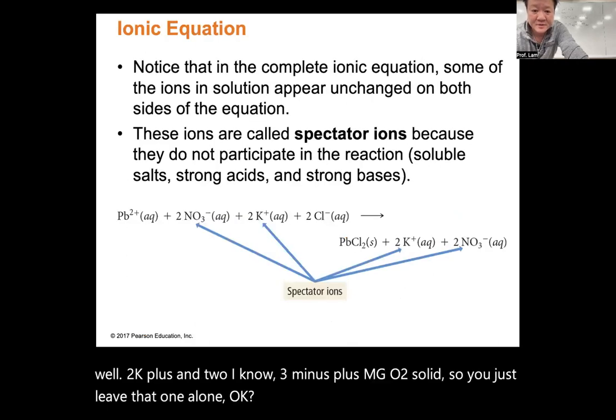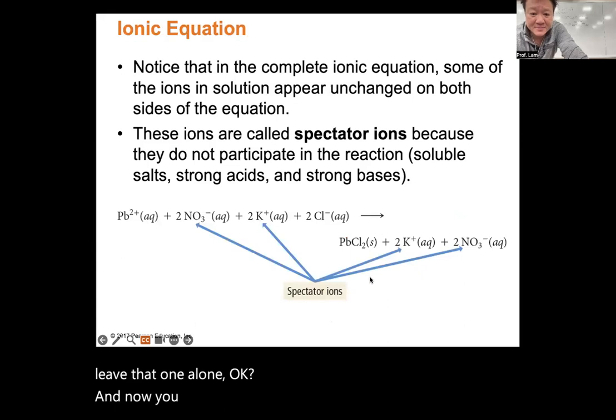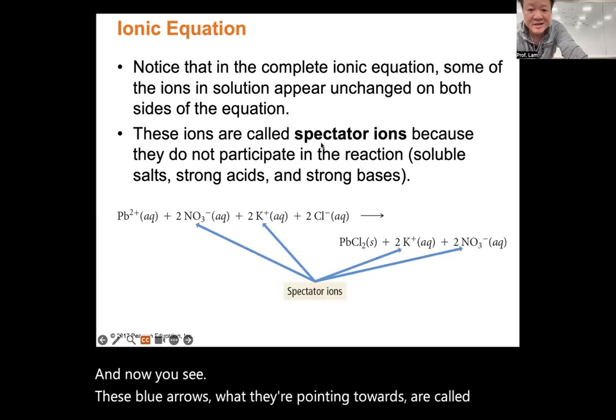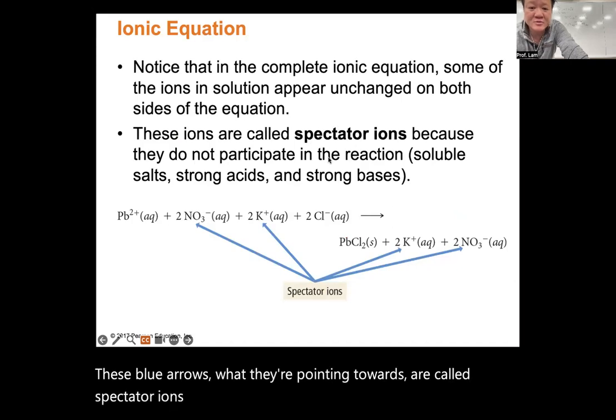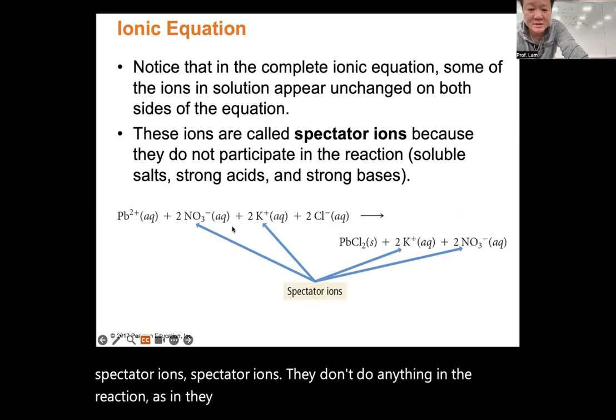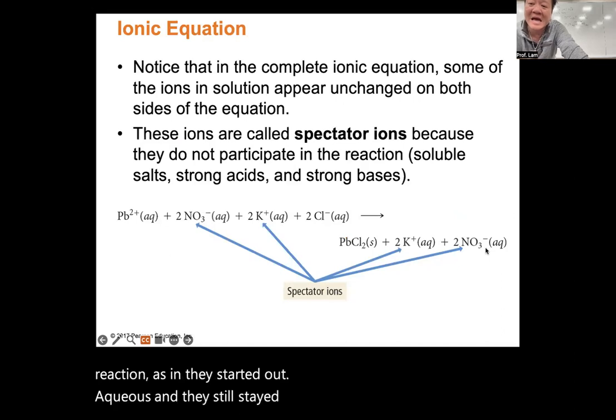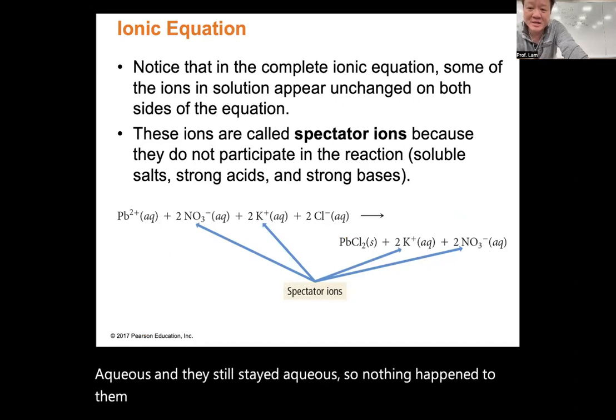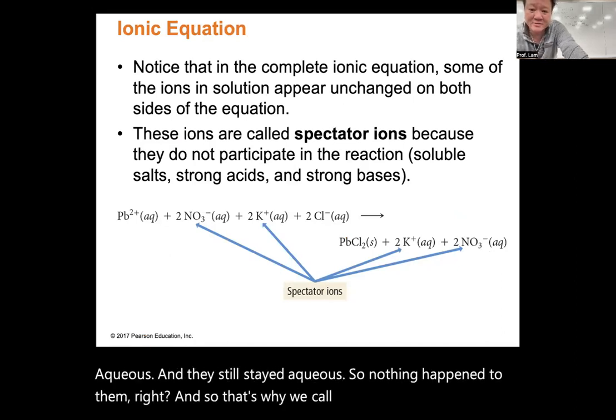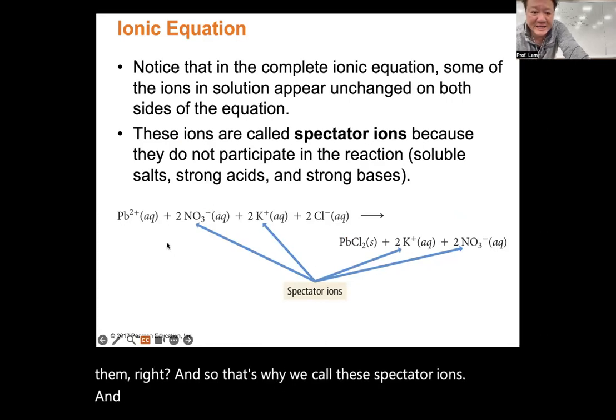Now these blue arrows are pointing towards what are called spectator ions. Spectator ions don't do anything in the reaction, as in they started out aqueous and they stayed aqueous. So nothing happened to them, and that's why we call them spectator ions. We can cancel these out because they don't do anything.